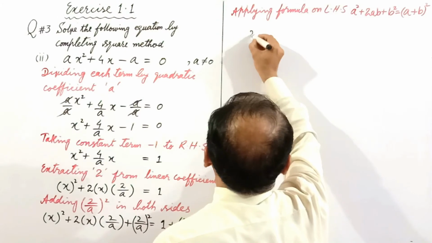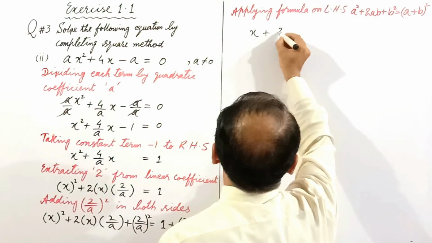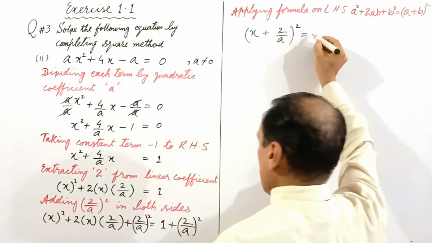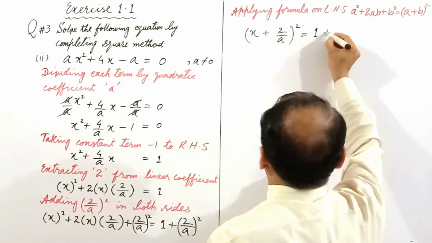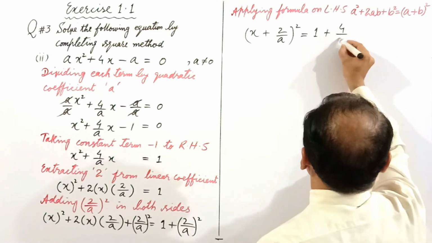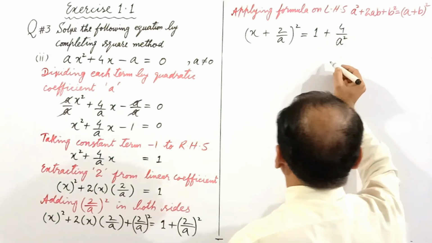We have x plus 2 over a whole square on the left hand side equal to 1 plus the square of 2, which is 4, and the square of a is a square, on the right hand side.